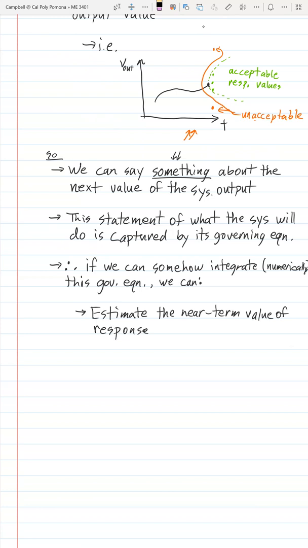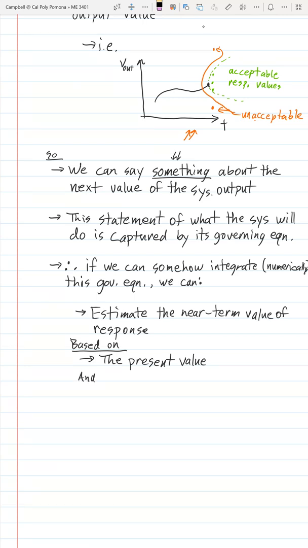And here I'll spell out response. And we can do that based on the present value, because we need to know where the system is. Otherwise, that would be pretty much impossible. If we didn't even know the current value of the system, how could we figure out what the future value would be?